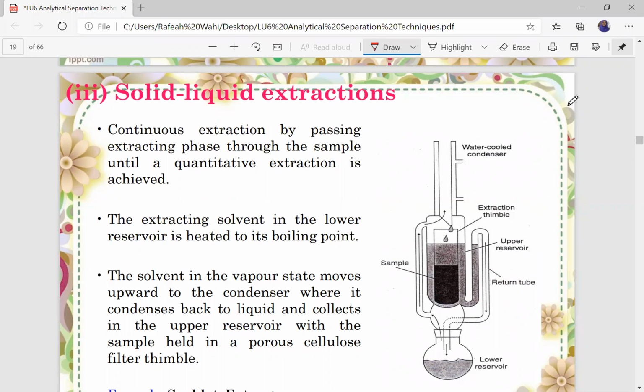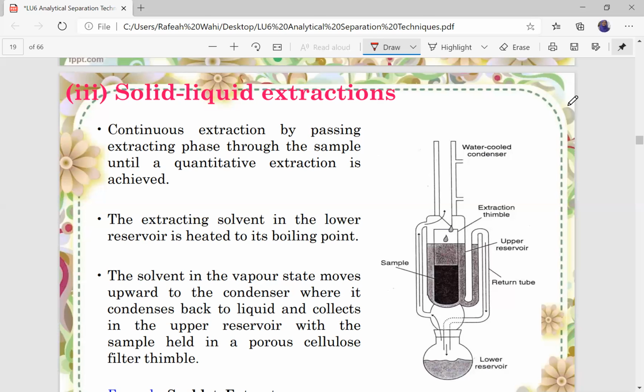So in solid liquid extraction, the solute is transferred from a solid phase to a liquid phase, and that's why it is named solid liquid extraction. A simple example that I can think of in everyday life is when you brew coffee. You are actually doing solid liquid extraction, which involves the mixing of the solid coffee grounds with water.